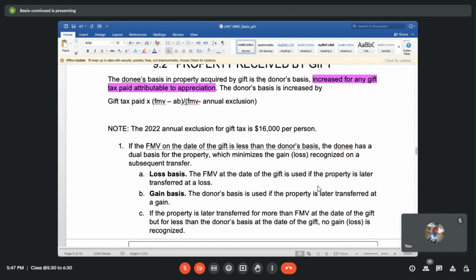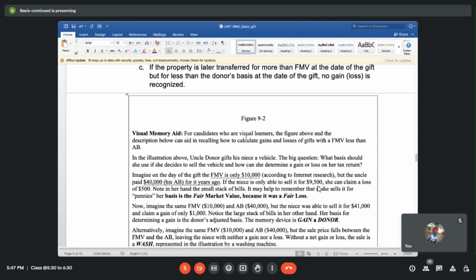The person who is donating the property must have bought that property for a certain amount, and must have made adjustments to the basis over a period of time. Regardless, the basis of that person will be called adjusted basis or donor's basis. It gets compared with fair market value. We need to see what is the lower of that, any gift tax paid needs to be adjusted, and that's how we come up to the basis.